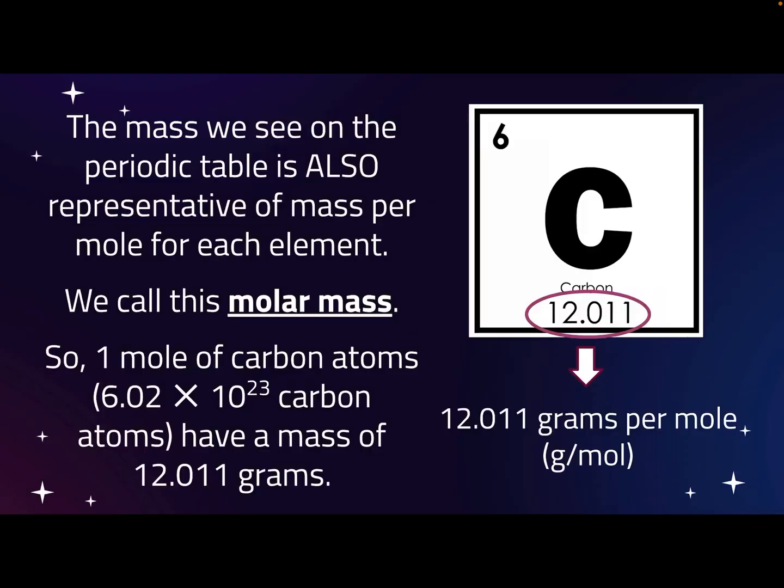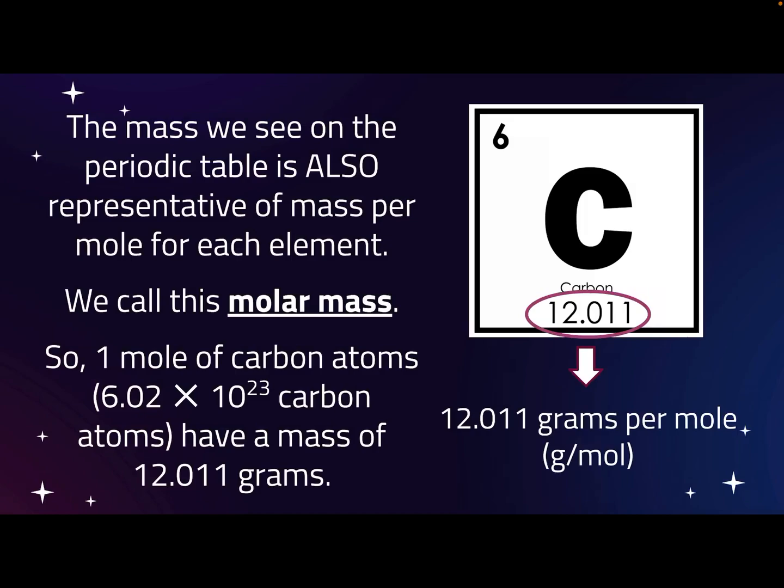Okay, the mass number you see on the periodic table is also representative of mass per mole for each element. We call this the molar mass. Molar mass, mass per mole. So what this tells us is 1 mole of carbon atoms, 6.02 times 10 to the 23rd carbon atoms, will have a mass of 12.011 grams.